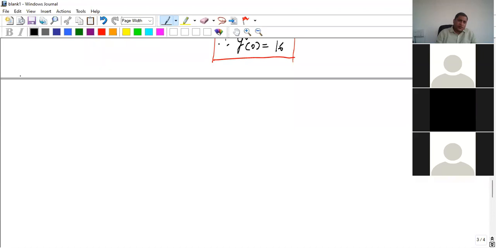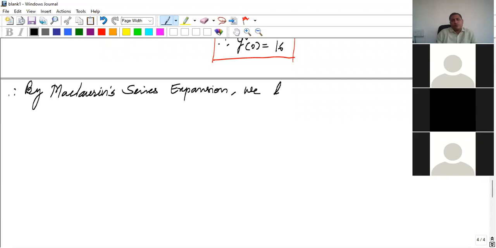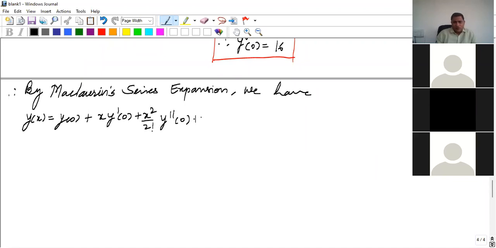Hence, by Maclaurin's series expansion, we have y of x is equal to y at 0, plus x times y dash at 0, plus x square by 2 factorial times y double dash at 0, and so on.